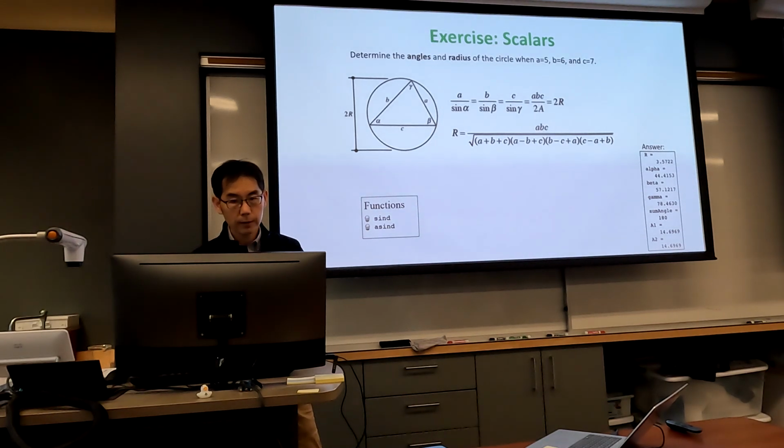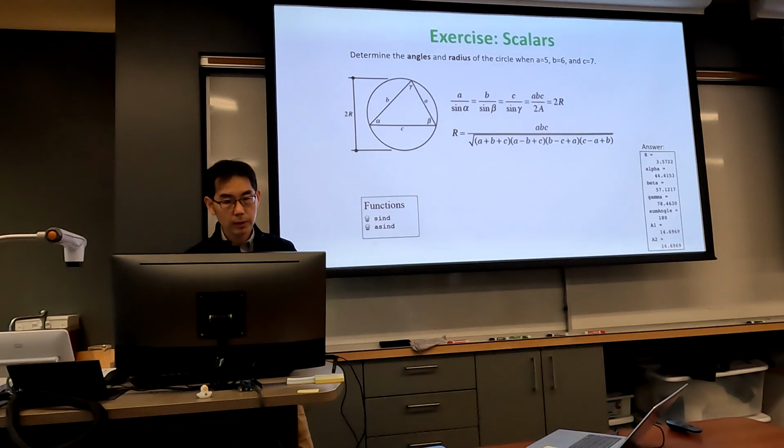A column vector is a vertical vector. In order to make a column vector, you put a semicolon between each element. The semicolon separates the values, and in that case your vector will be created in a vertical way: 3, 2, 7, 4.